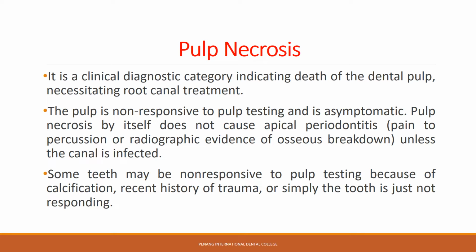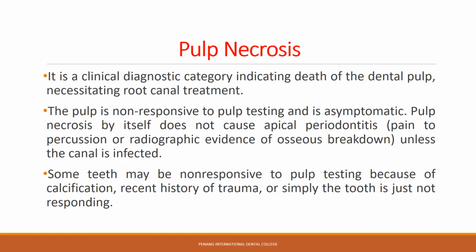Special emphasis here is a recent history of trauma. In these cases, if you do a pulp testing, it may not respond to pulp sensitivity test, so you have to do it again after 2 months after the trauma, and note the response of the pulp.